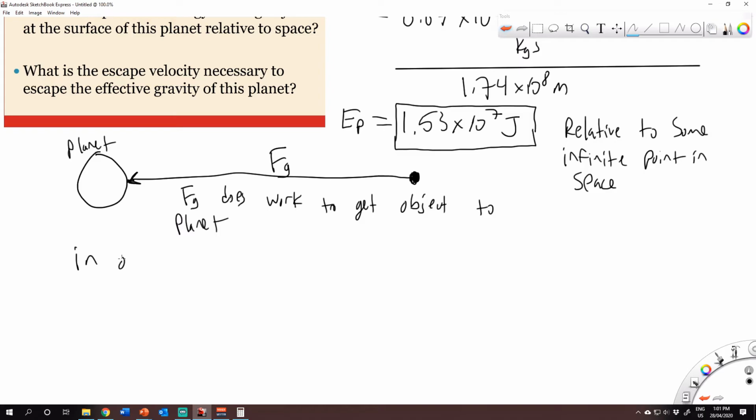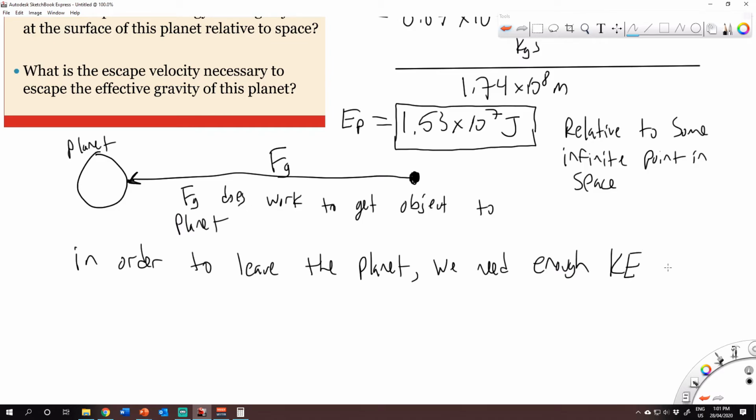So in order to leave the planet, we need enough kinetic energy to overcome the work, the energy, that gravity did.